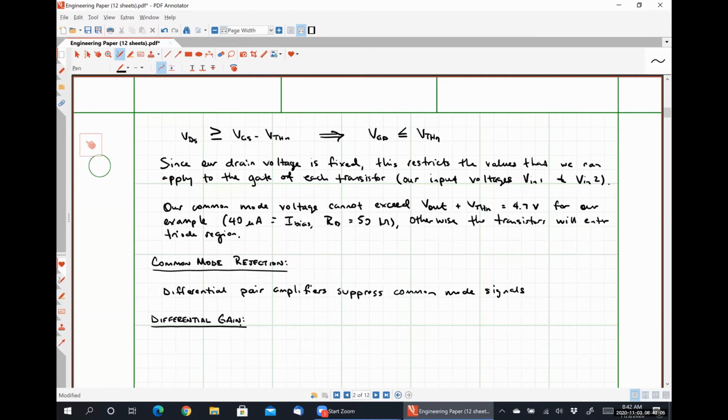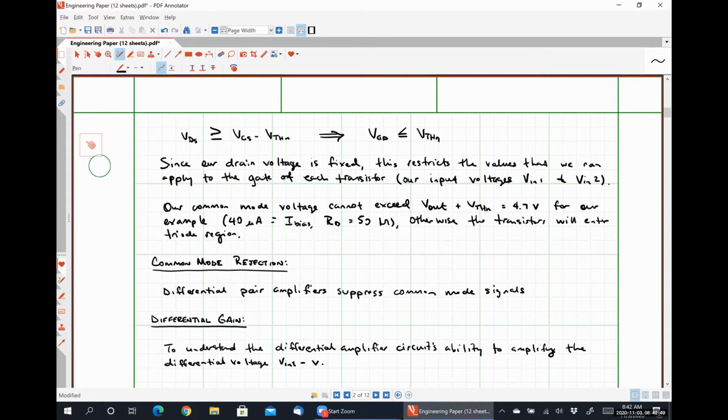All right, so we need to remember 2 things. To understand the differential amplifier circuit's ability to amplify the differential voltage VN1 minus VN2, we must remember the following items.